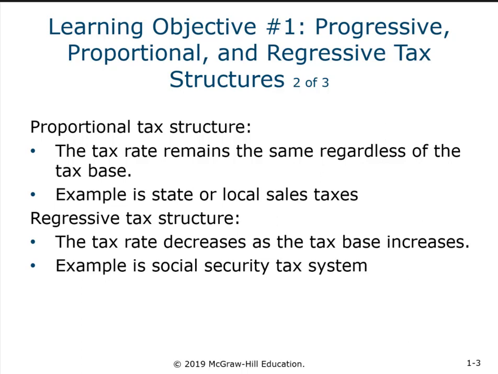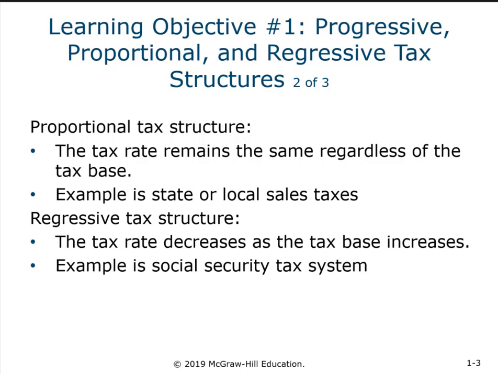In Pennsylvania, for those of you who are participating from Pennsylvania, and several other states are like this, but there are states that have a progressive, but Pennsylvania has a proportional tax structure. The rate is the same regardless of your income.